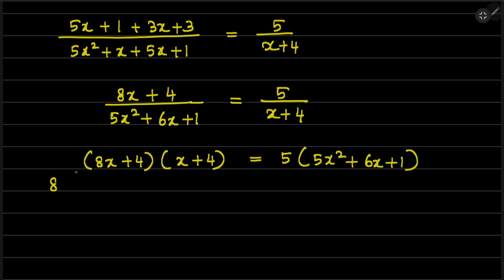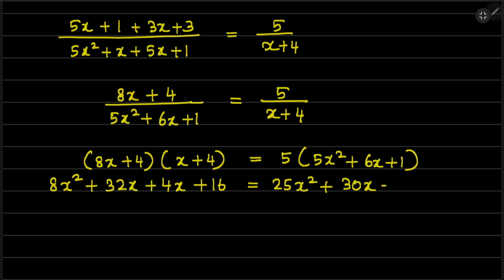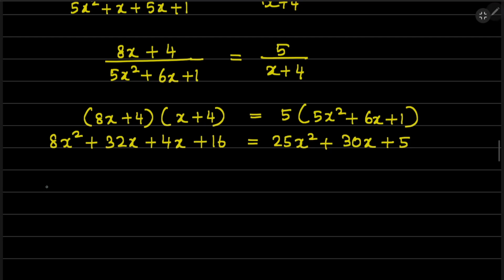Now let's multiply each term. 8x into x is 8x square plus 8 fours are 32x plus 4x plus 16 is equal to 25x square plus 30x plus 5. Bring all the terms to one side. So we can take LHS to RHS because 25x square minus 8x square, right?